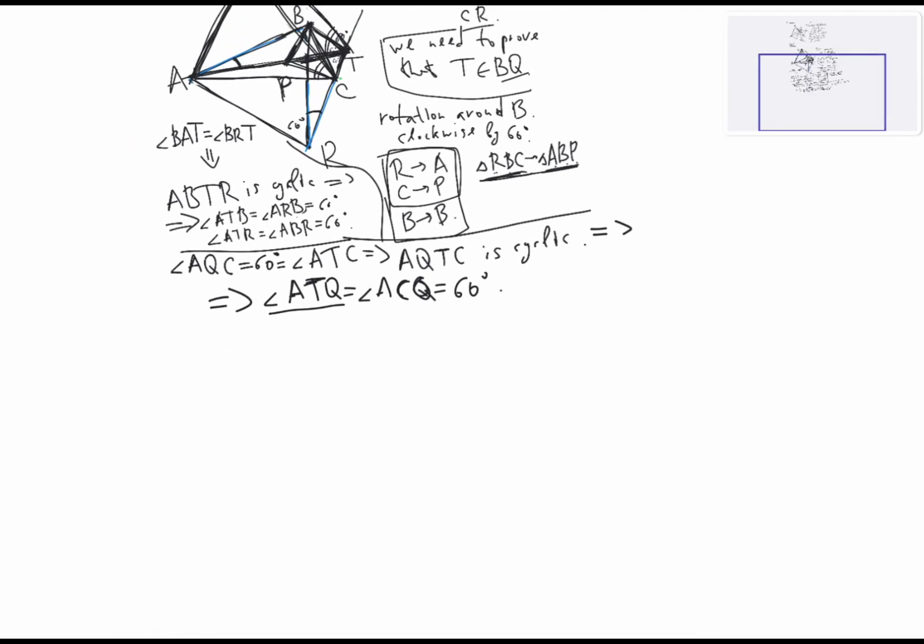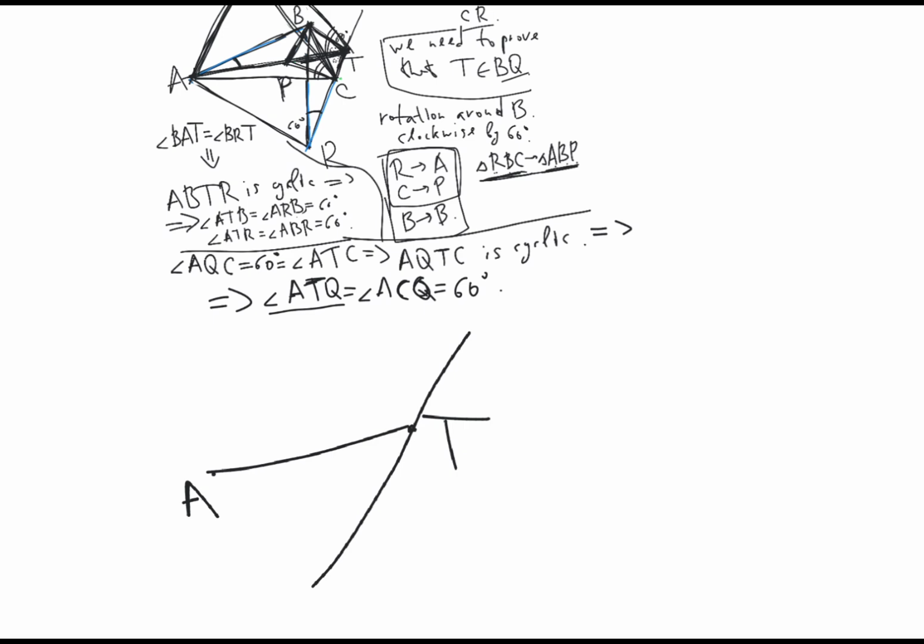We have this point T, and here is A. We established that this is 60 degrees. And now there are two segments here: one to B and the other to Q. Q is somewhere there.